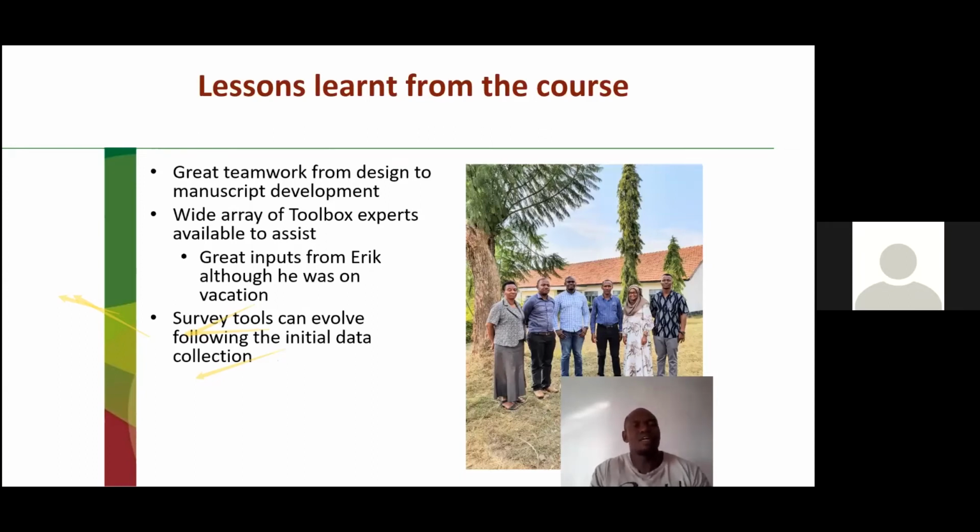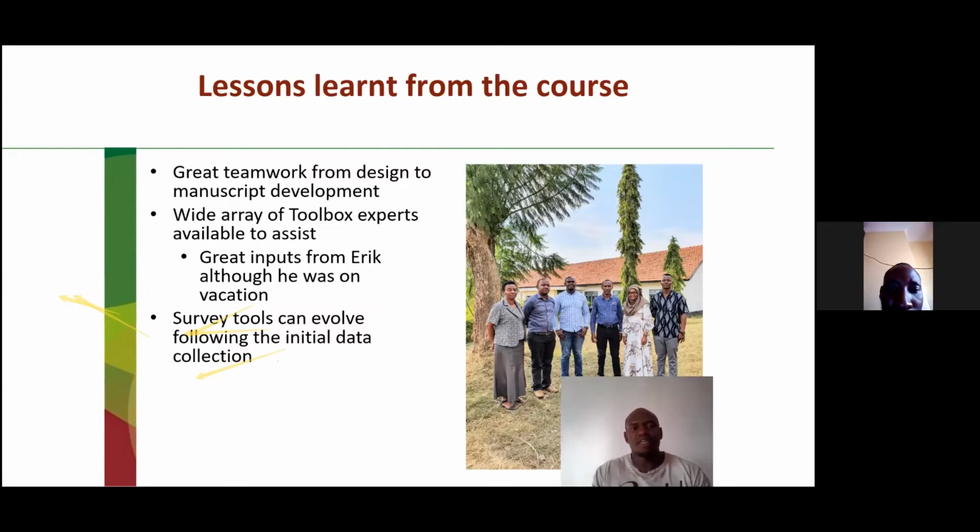There are some lessons we learned in terms of logistics or in terms of working as a team. The importance of having great teamwork from design to manuscript to the development. We've worked as a team all the way from when we visualized this up to now, even as we continue working on the manuscript, and we learned a lot working together, which is different from what we've done before.